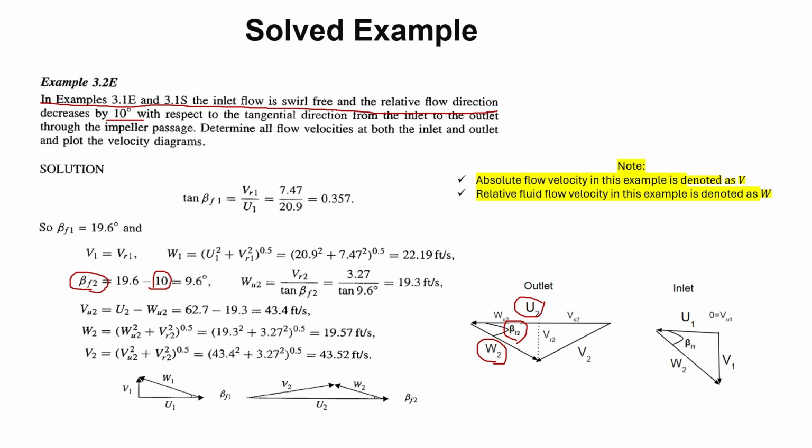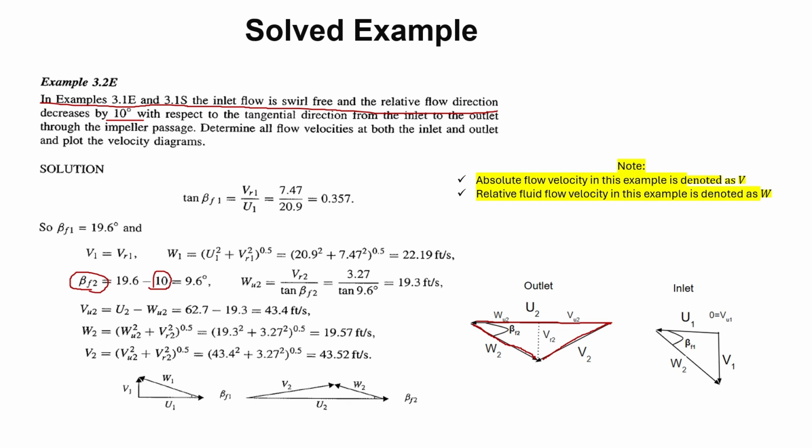This whole thing is U2, and then of course the other thing you have to draw, because the head of the rotor speed should be the tail of the relative flow velocity, and then you close the triangle with the absolute flow velocity.